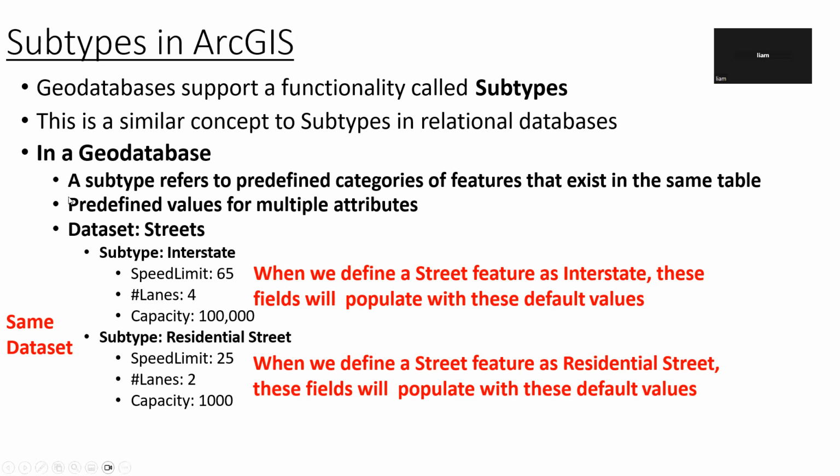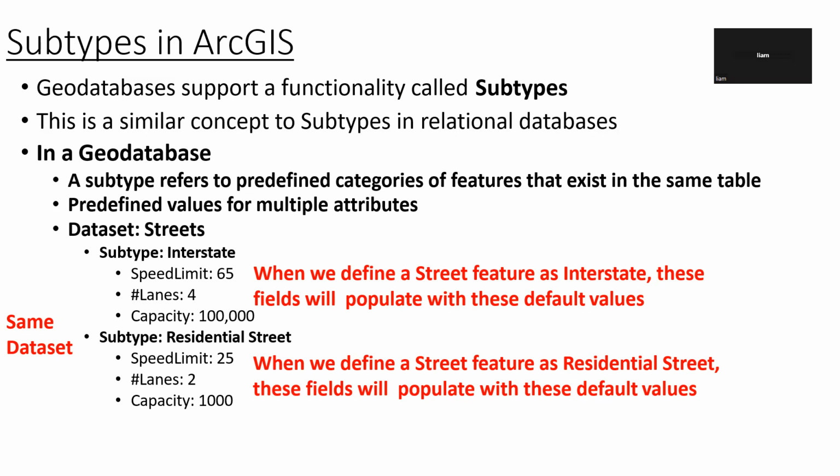So the subtype is predefined values for multiple attributes. If you have the streets table, and you set up the subtype of interstate and residential street, then rather than making a separate subtype table, in ArcGIS the subtype is regarded as those columns: speed limits, lanes, and capacity.